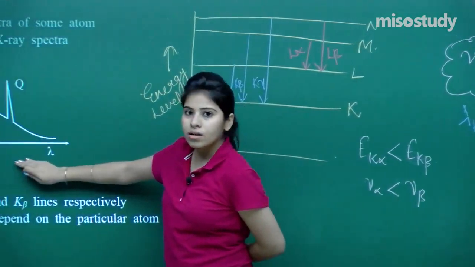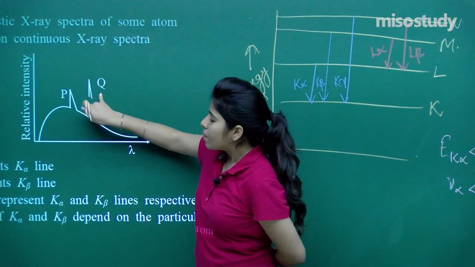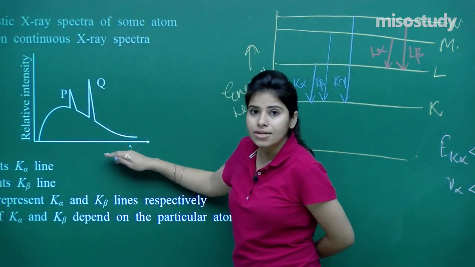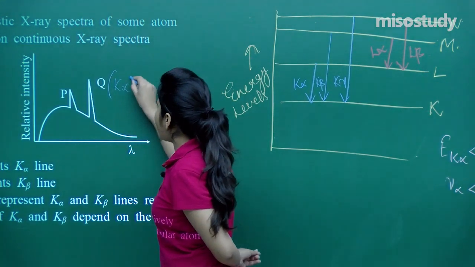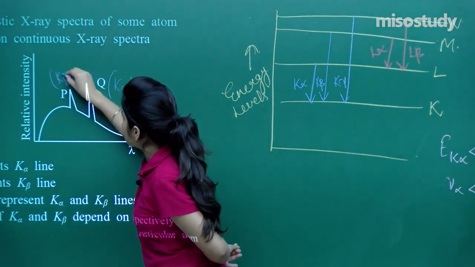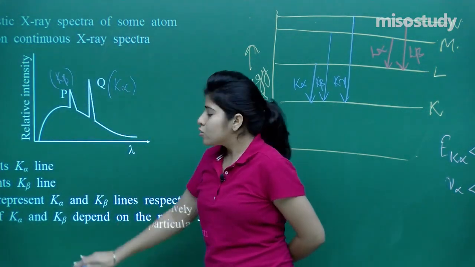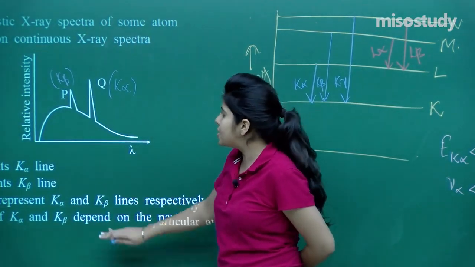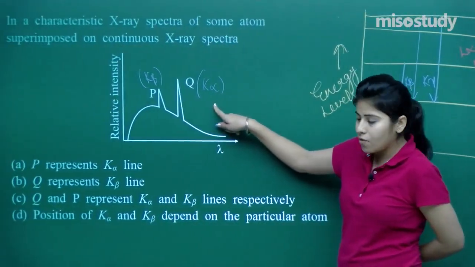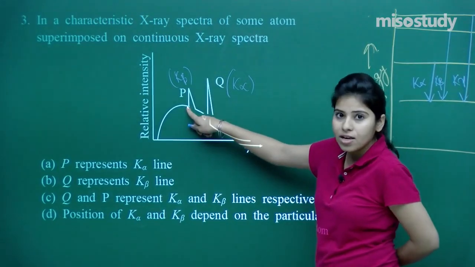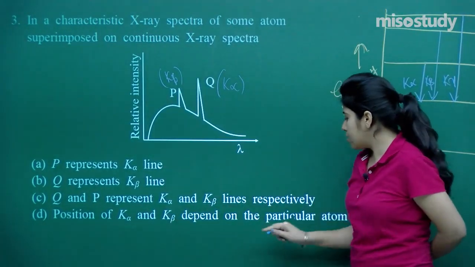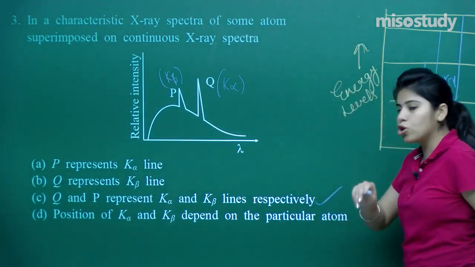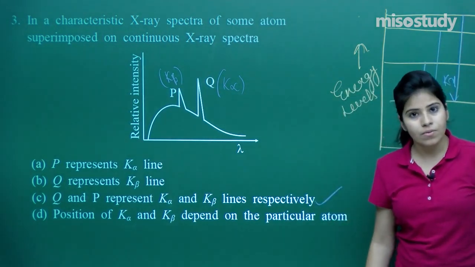So which wavelength is greater? Q's wavelength is greater. That means Q should be K alpha and P should be K beta. So in the options, I can see Q is representing K alpha and P is representing K beta, and I think this should be the correct answer, right?